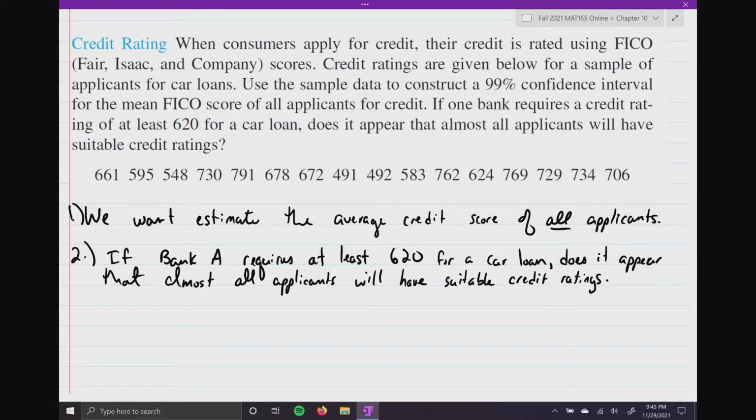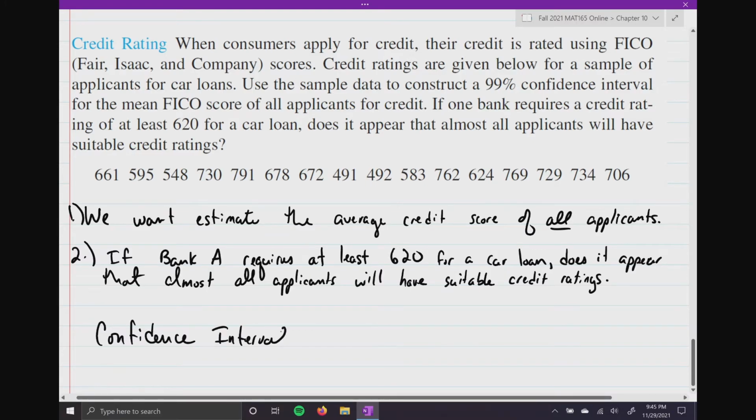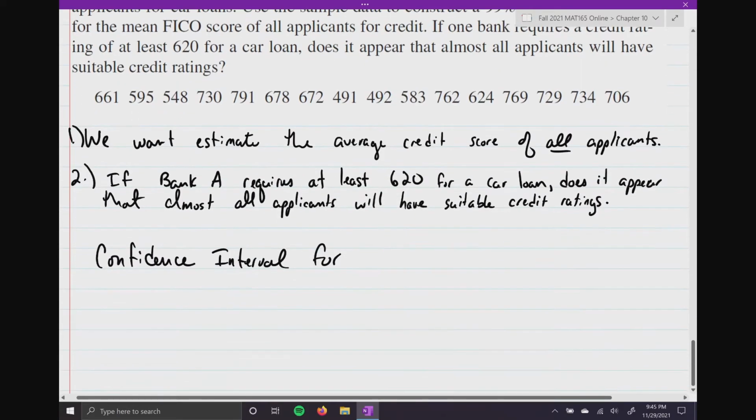So what I'm going to do here is open up Excel, and we're going to get the important pieces of information here. Because remember, when we look at a confidence interval for mu, we have x bar minus the margin of error, which is less than mu, which is going to be less than x bar plus the margin of error.